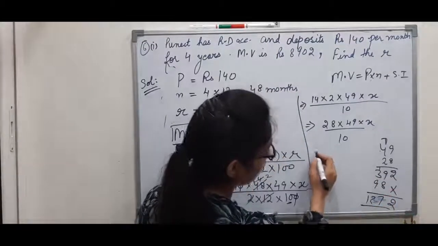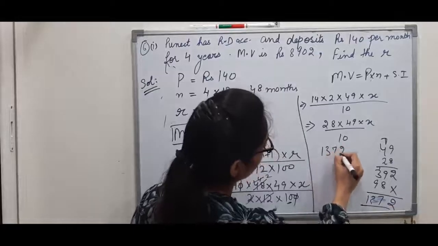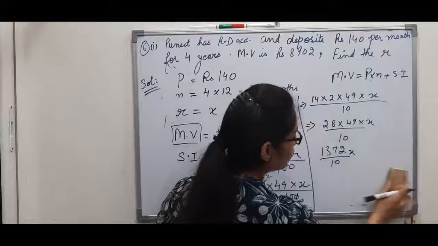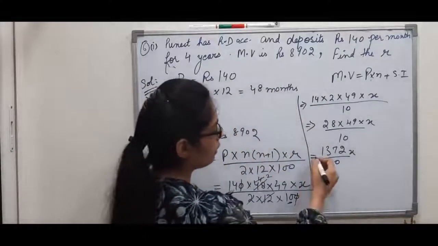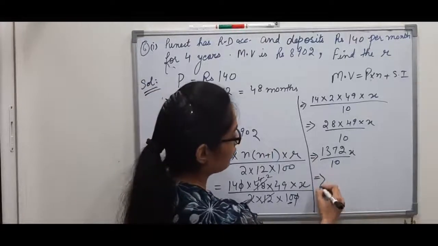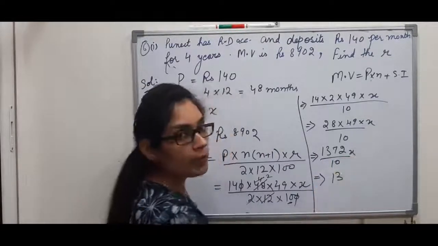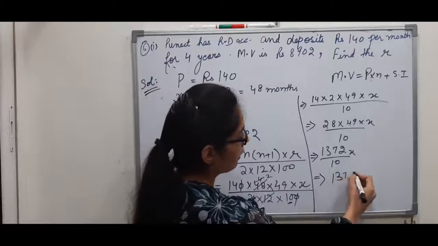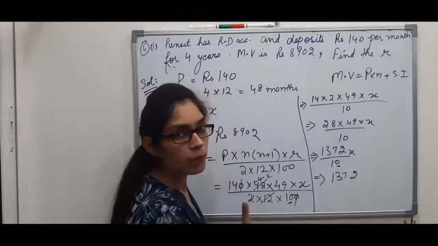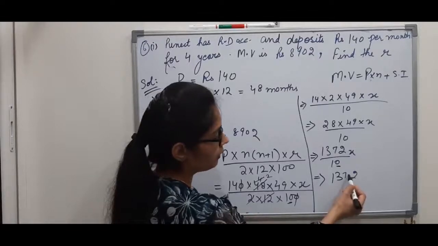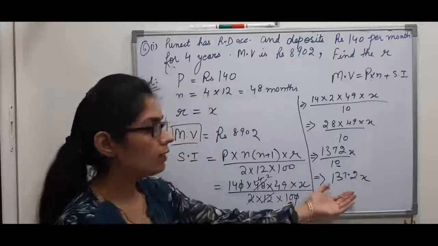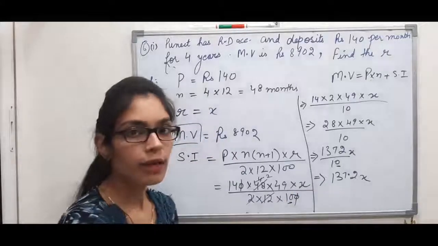So I got 1372 by 10. While doing multiplication, be very careful. Since only 10 is there, I will count my numbers from the right-hand side and put the decimal after one number. So this is the value of simple interest which I have calculated now.